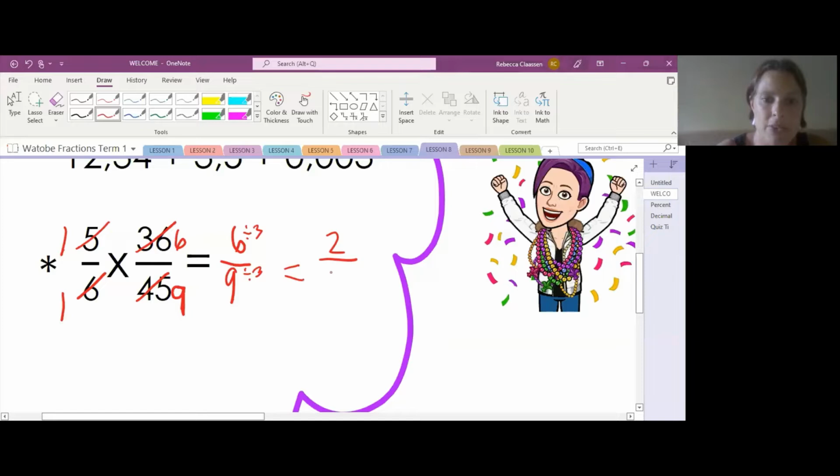And 9 divided by 3 is? 3. And so we end up with a fraction of 2 over 3. Excellently done. Well done, Owam. Thank you very much. That is awesome.